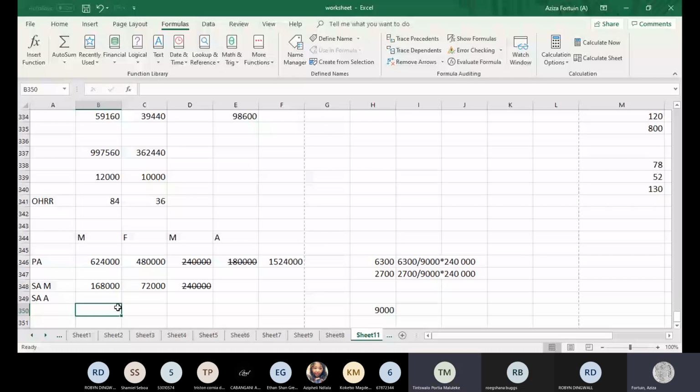So Robin is going to give me this answer now. Portia, don't type the answer in the block. Robin is going to give it to me.